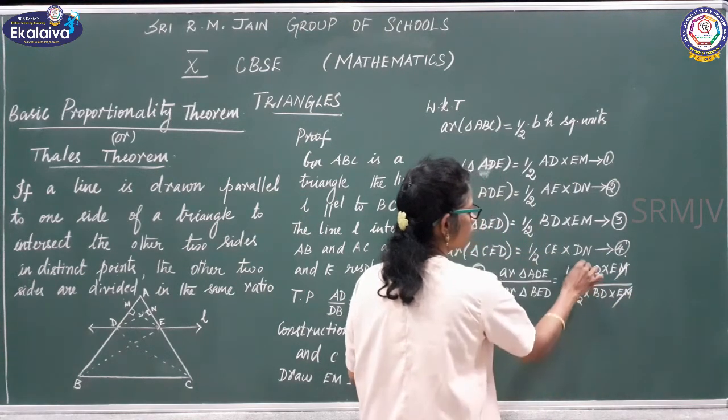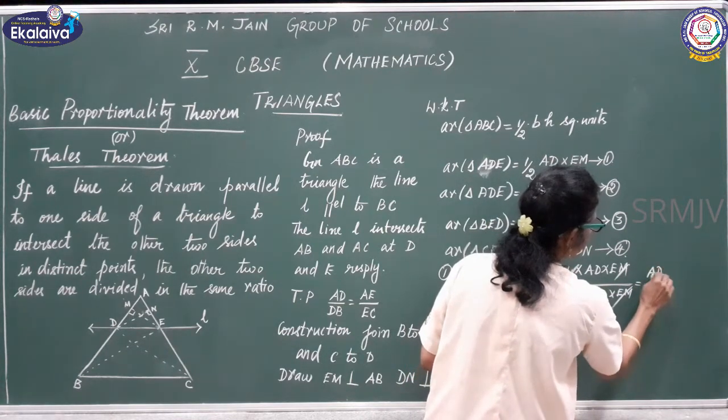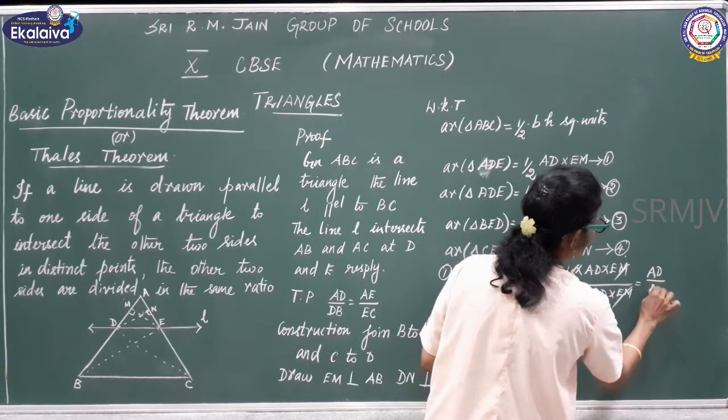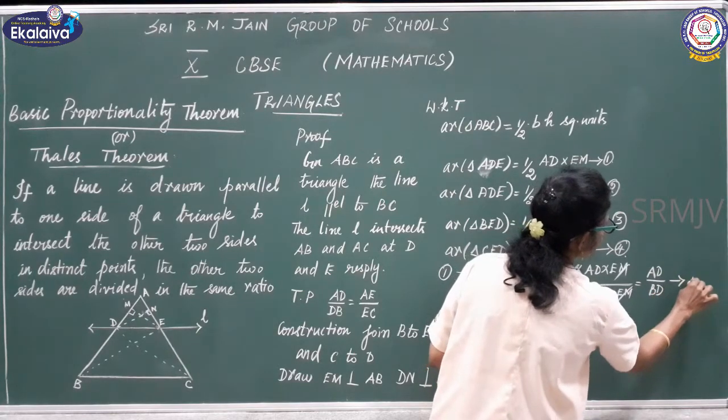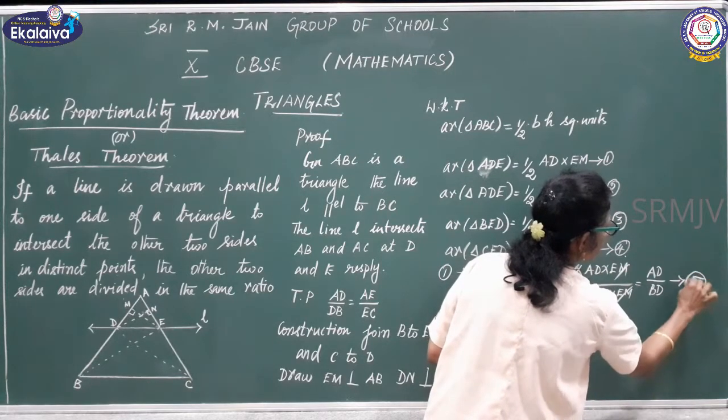See EM cancel, half cancel. You arrive the result as AD by BD or DB. That is equation number 5.